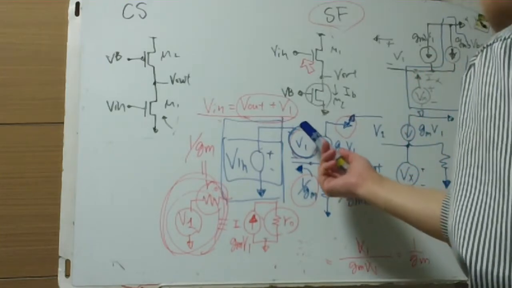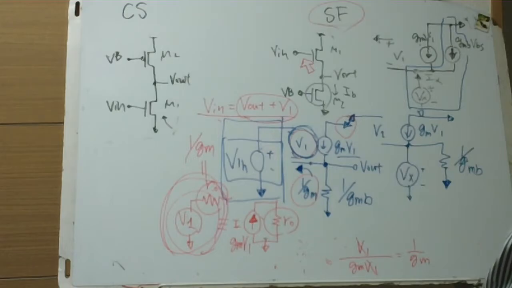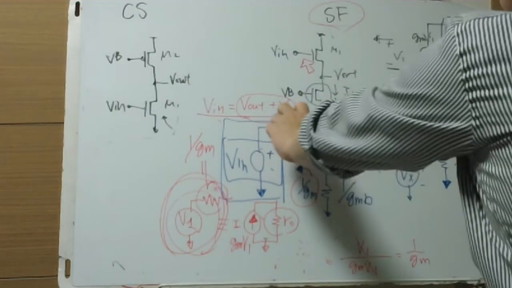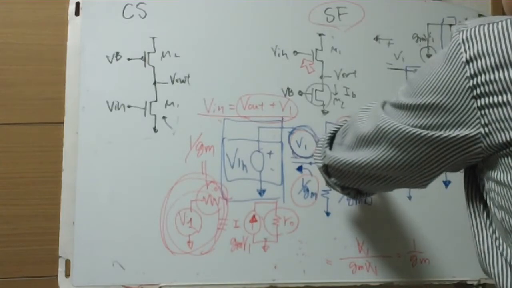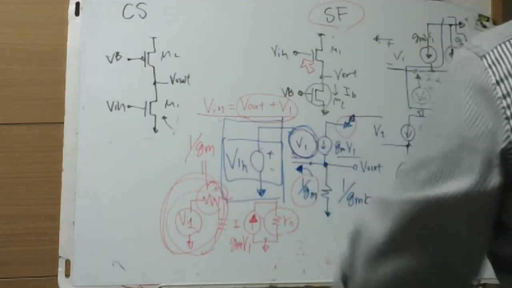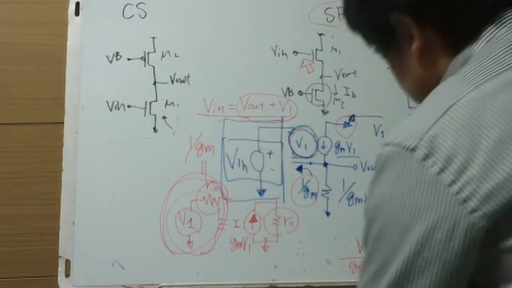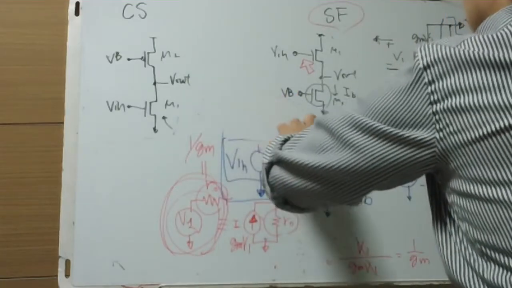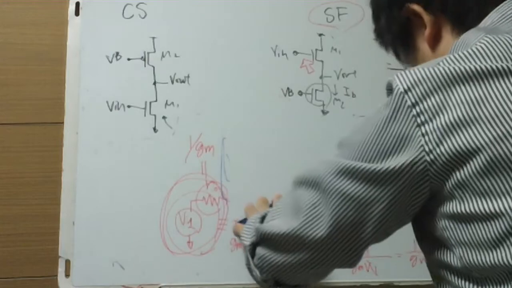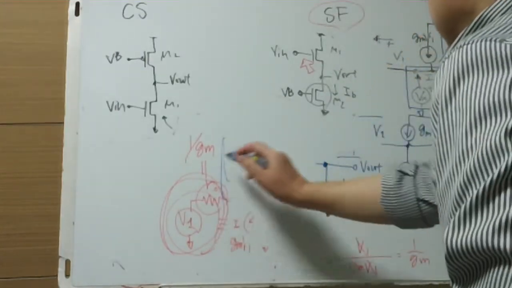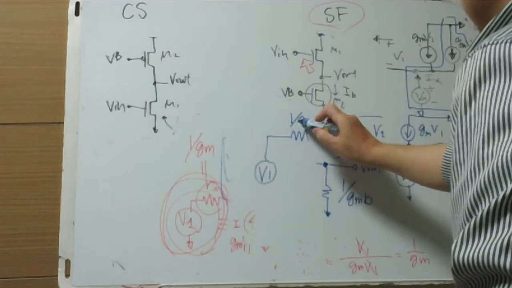Looking into the output resistance of M1 is 1 over Gm, but the cause is V1, this V1, and this V1 leads to GmV1, and so the Thevenin equivalent is changing this node using this V1 to 1 over Gm.